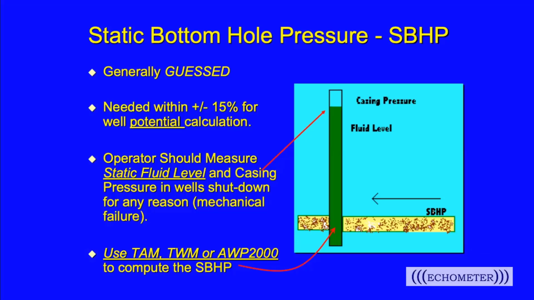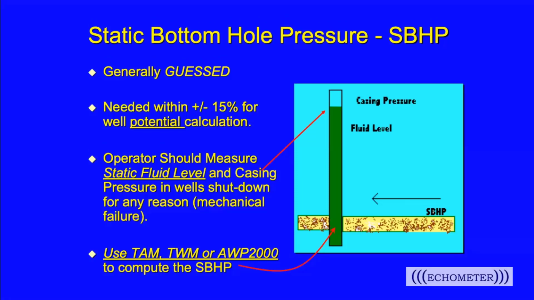But we generally guess at it and would really like to have the number, either measure it or calculate it. And in order to do our inflow performance relationships, we'd probably like to have that number within 15% of the actual number. And that's to calculate the potential in the wellbore. But if we want to do it for reserves, we want a much more accurate number.